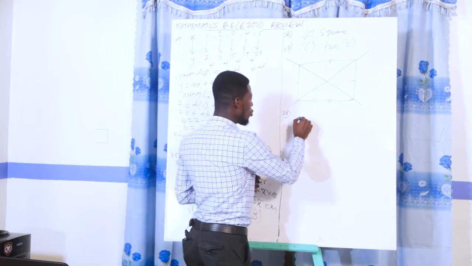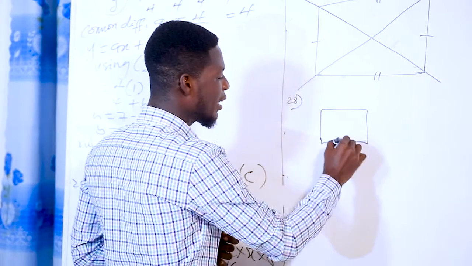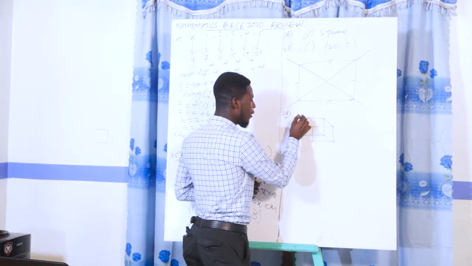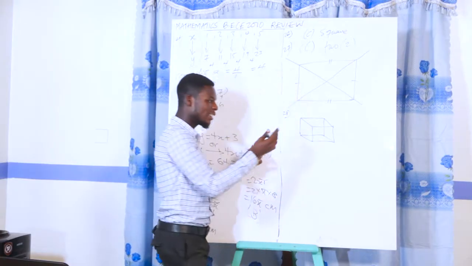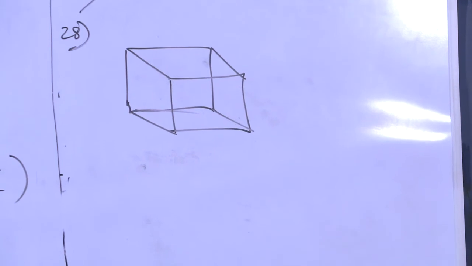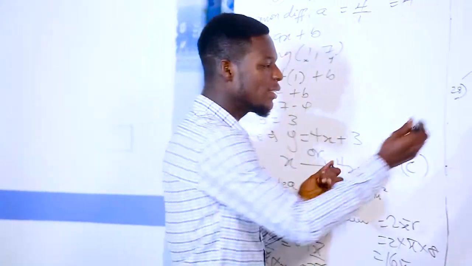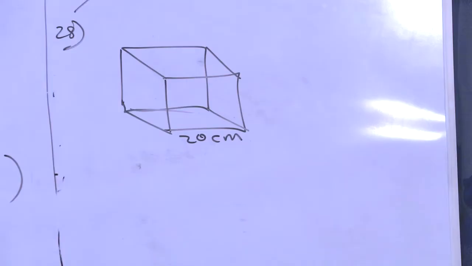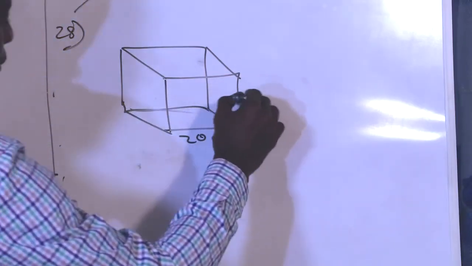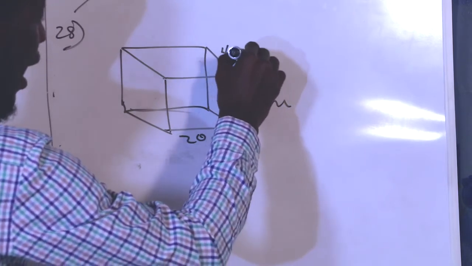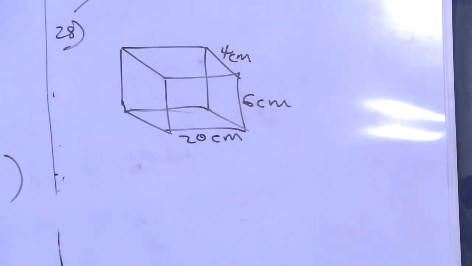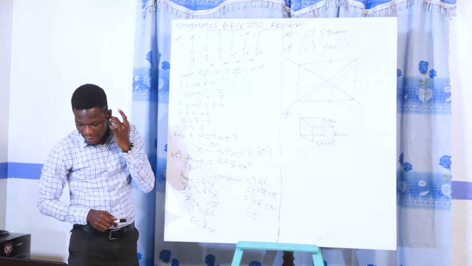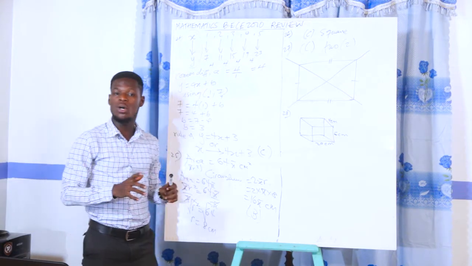So if I want to help you diagrammatically, I can draw a cuboid. A cuboid is a rectangular box. And the question said that it has length 20. So assume this is a length of 20 centimeters, width 6 centimeters, and height 4 centimeters. How many cubes of side 2 centimeters will fit into the box?